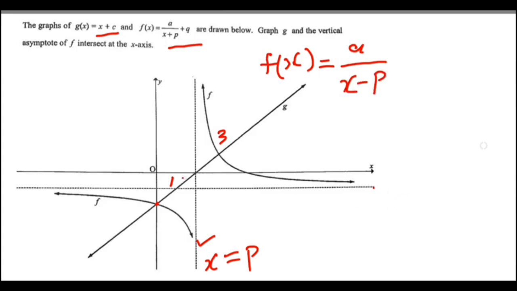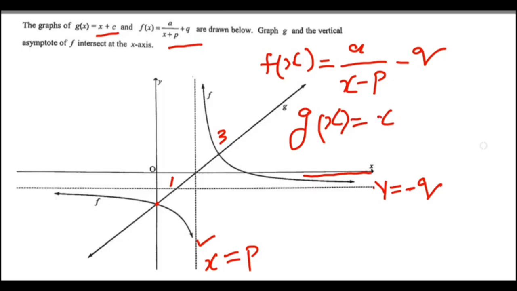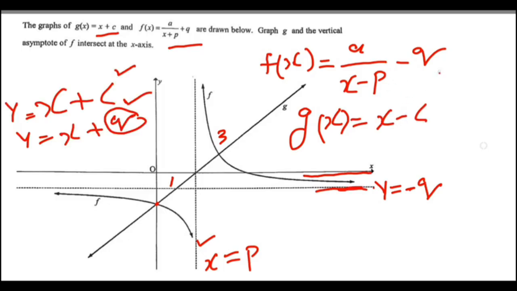Now the q is below the x-axis, so the y is equal to negative q. We don't know which one, so that's negative q. And g of x as well, that will be x minus c. Then according to these two equations, you substitute the point and solve, and you will get the same answer. But if you go according to these equations, that will be easier.